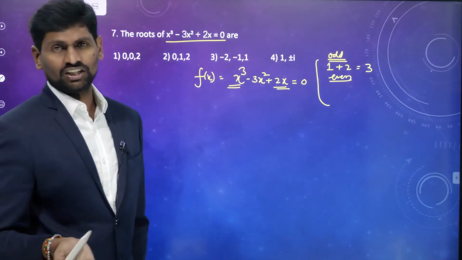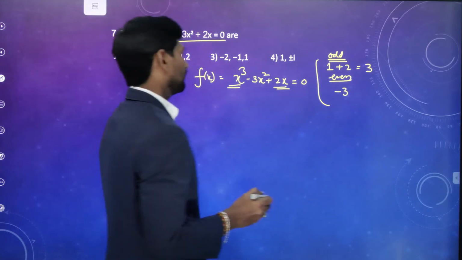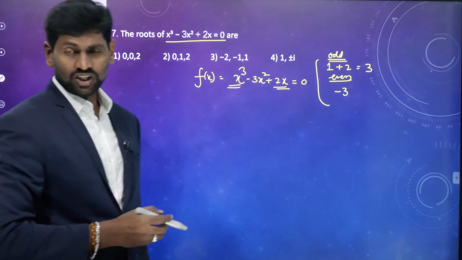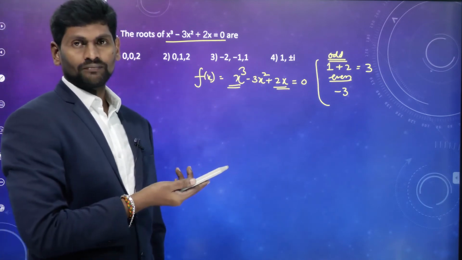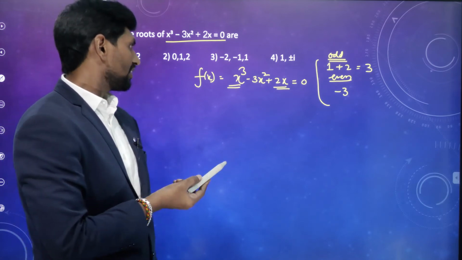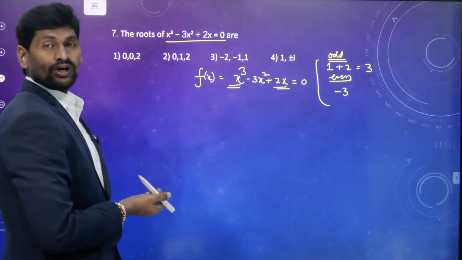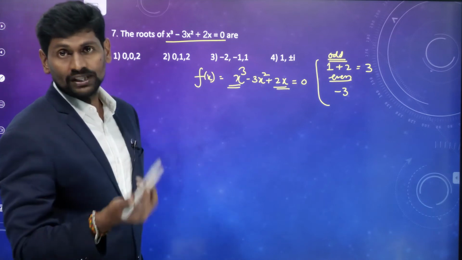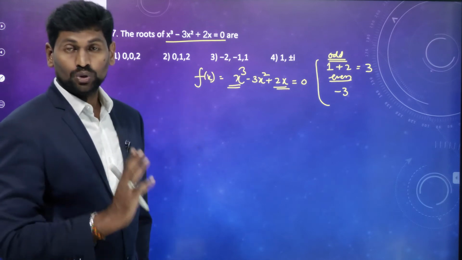There is no constant term, so the even coefficient is minus 3. So plus 3 minus 3, when you add both of them, becomes 0. That means x plus 1 will be the factor, and minus 1 is the chance of getting a root or solution.